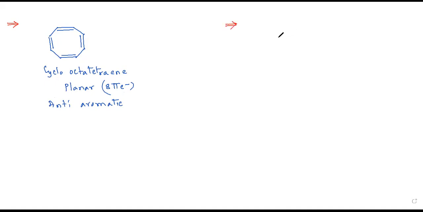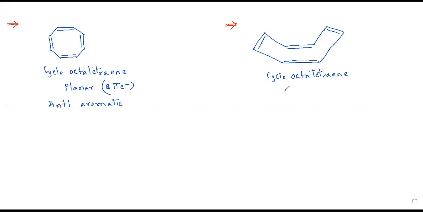But when the same cyclooctatetraene is taken this way, see, this also is cyclooctatetraene, but this is non-planar, it is a tub-shaped one, a non-planar one.